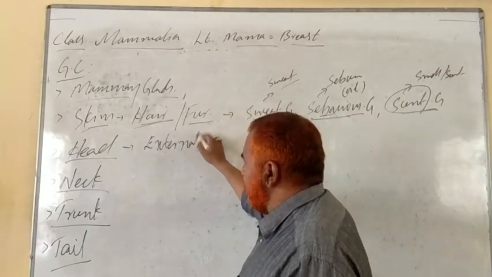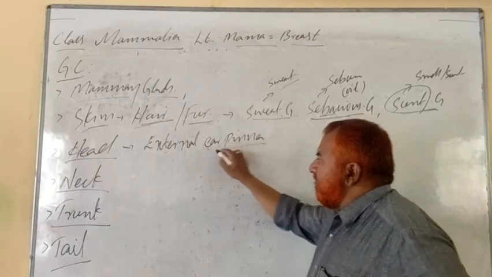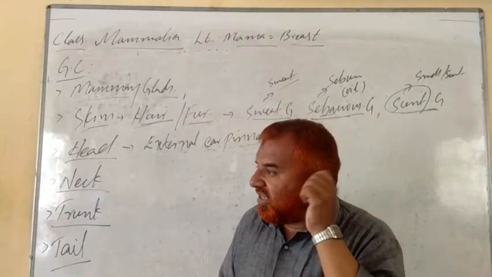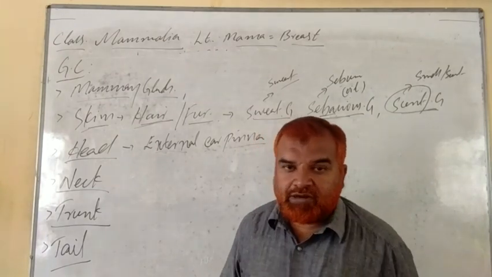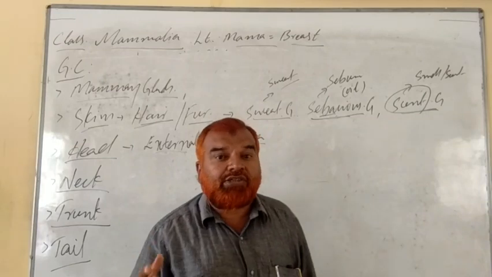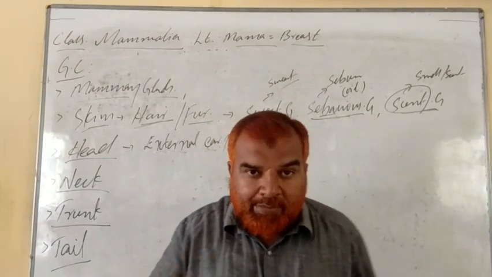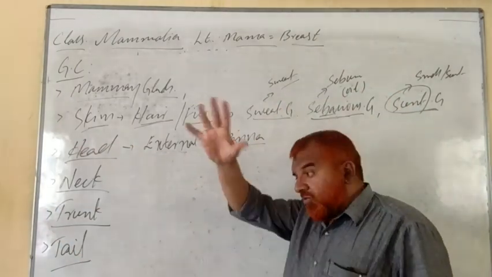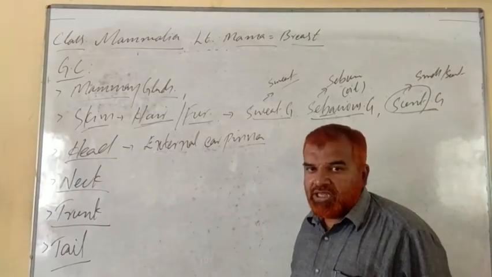Very important point it is. External ear pinna is made up of cartilage. These external ears are not seen in amphibians, not found in reptiles, not seen in birds or apes, only found in mammals. All mammals possess external ear. Elephants have very broad ears to maintain body temperature, for protection, and many other functions.